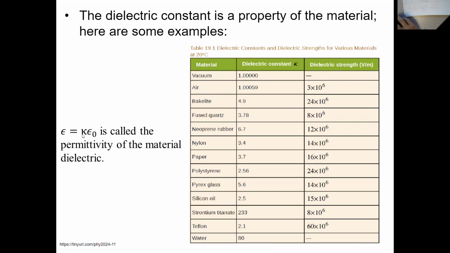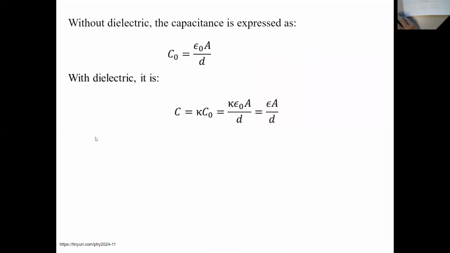If you multiply kappa by the permittivity of space, that gives you the permittivity of the material. So epsilon equals kappa times epsilon naught. Without a dielectric, the capacitance is equal to epsilon naught times A divided by D. With a dielectric, C is equal to kappa times that.